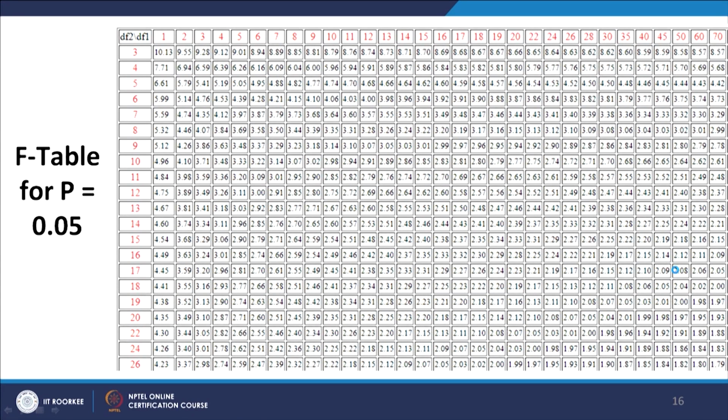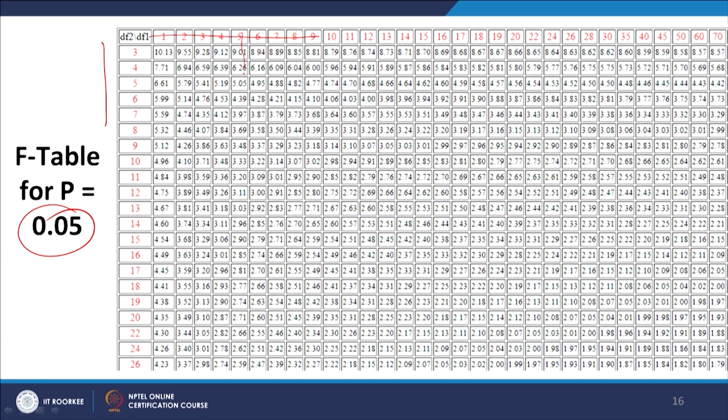This is how one F table looks. We have considered p equals 0.05, that is, the significance level is 5%. The F table has 2 degrees of freedom, df1 measured along the columns and df2 measured along the rows. Suppose I have an F ratio with 5 and 14 degrees of freedom.